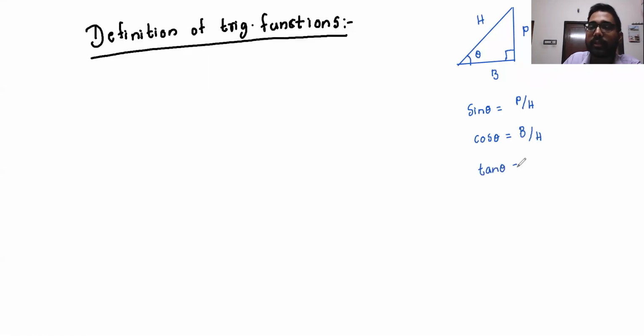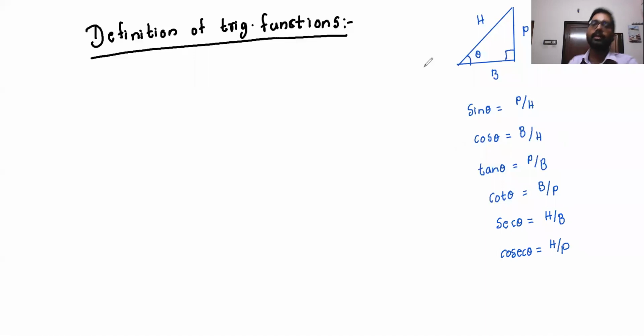Tan theta is sin theta upon cos theta, that is perpendicular upon base. Cot theta is cos theta upon sin theta, that is base upon perpendicular. Secant theta is 1 by cos theta, or hypotenuse by base. And cosecant theta is hypotenuse upon perpendicular.